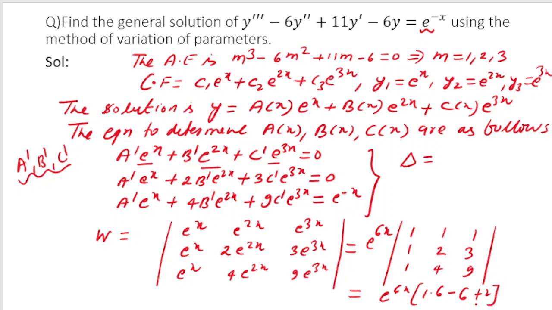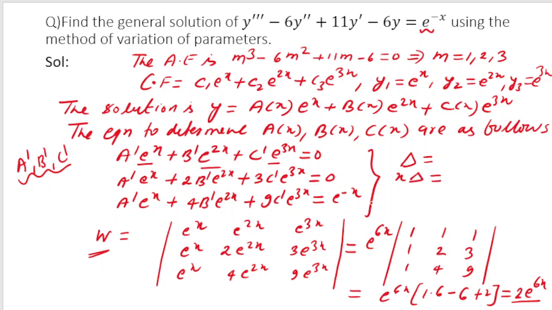So the 6 and 6 cancel, and what we get is 2 e to the power 6x. That is actually the delta value, which is nothing but the Wronskian for y1, y2 and y3. Now, as in Cramer's rule, we solve something like delta times a dash.